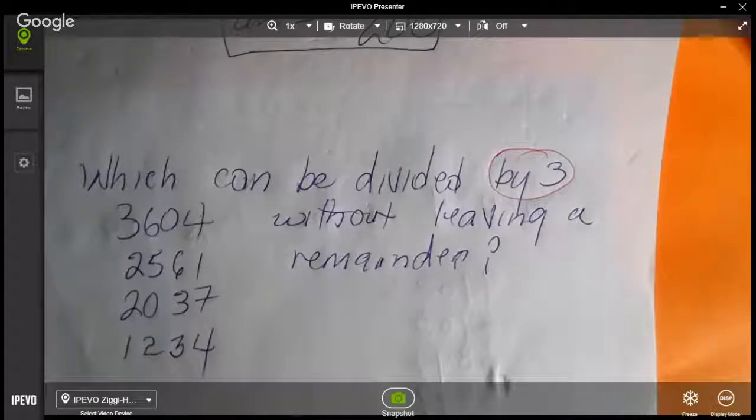Let's start with what's the rule for divisibility by 3? By 3, if what? If the sum of the digits is divisible by 3.